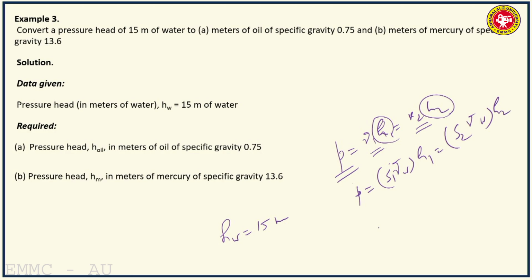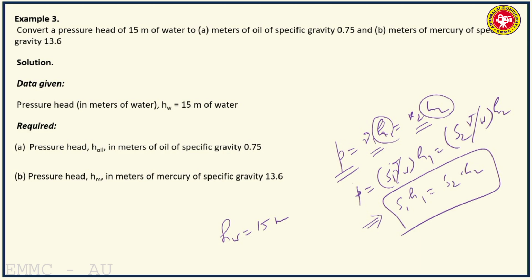So, you can also write S1 H1 equal to S2 H2, because gamma W and gamma W can be cancelled. Please note, S1 H1 is not equal to P, or S2 H2 is not equal to P.